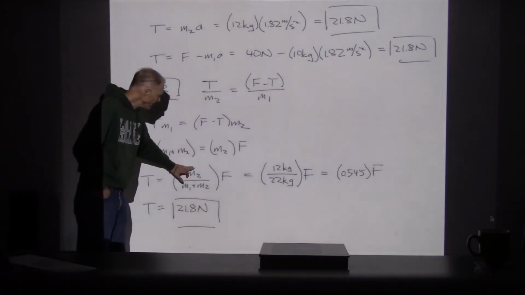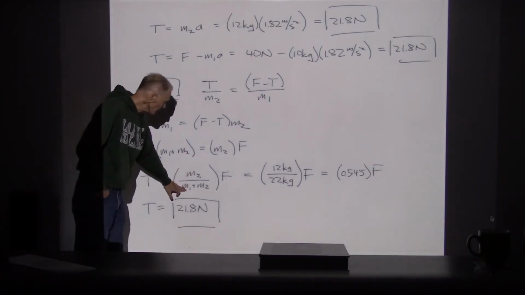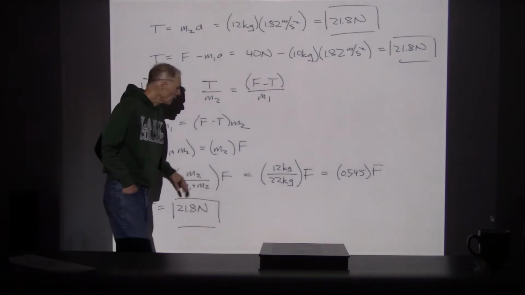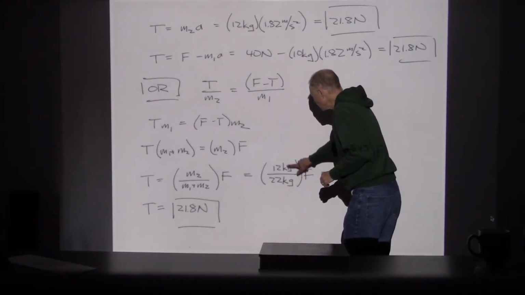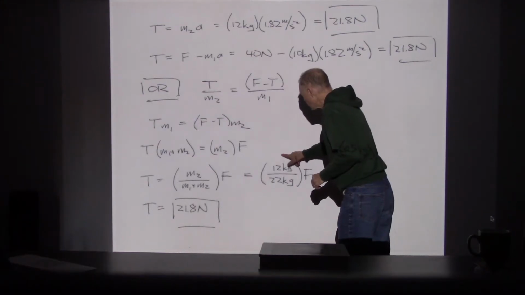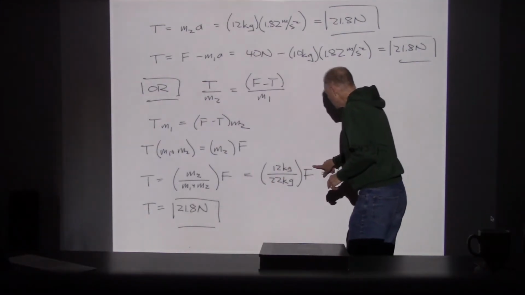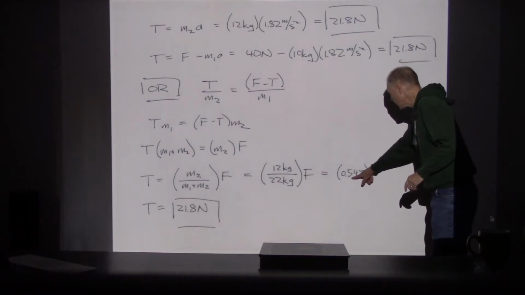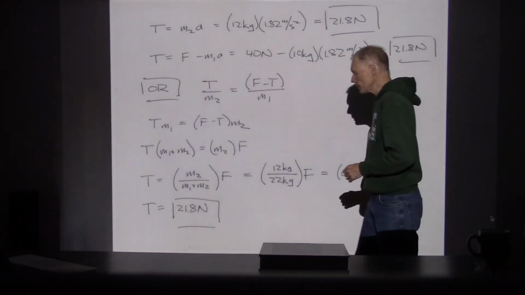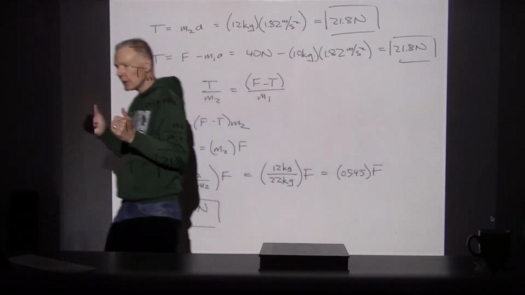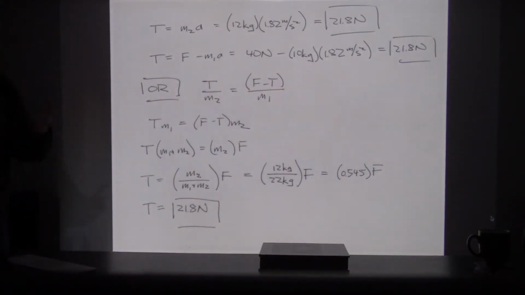So it's specifically the mass of block 2 compared with the total, that portion. So of the 22 kilograms total, 12 kilograms is in block 2, and I need that portion of 40 newtons, or 0.545 of the 40 newtons, in order to keep block 2 accelerating right alongside.